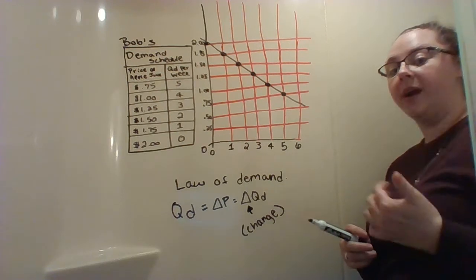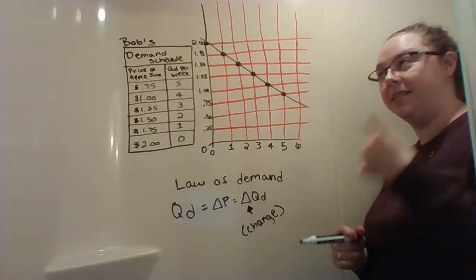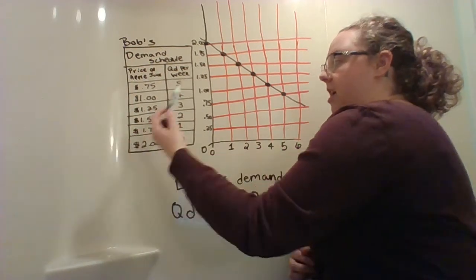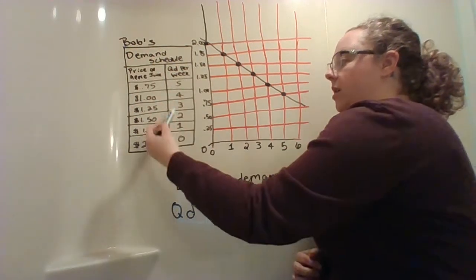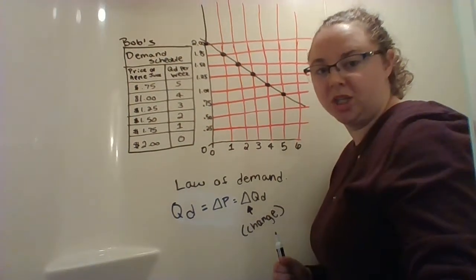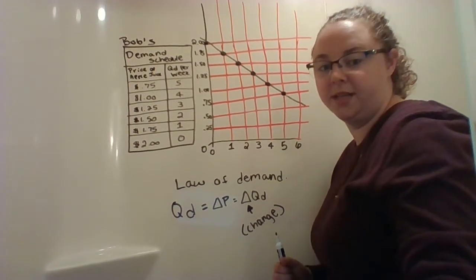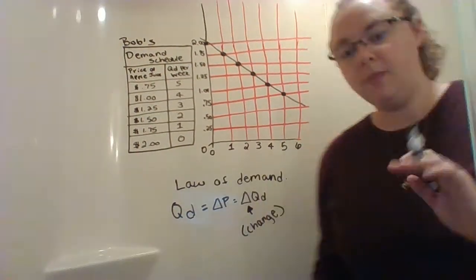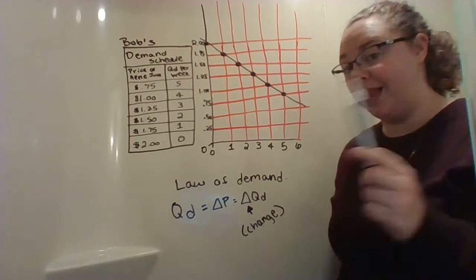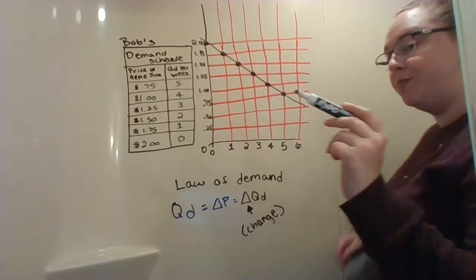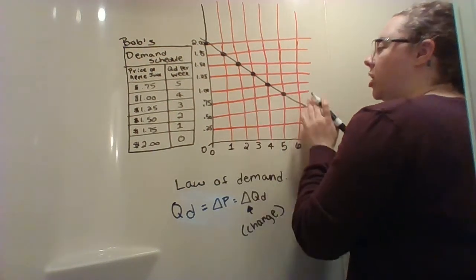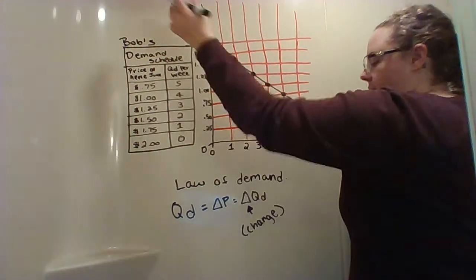So the change in the price changes the quantity that is being demanded. When the price increased, the quantity that Bob demanded decreased. So when the price changes, it is a shift along the line, which means that we're shifting from dot to dot to dot. It's movement along the line.